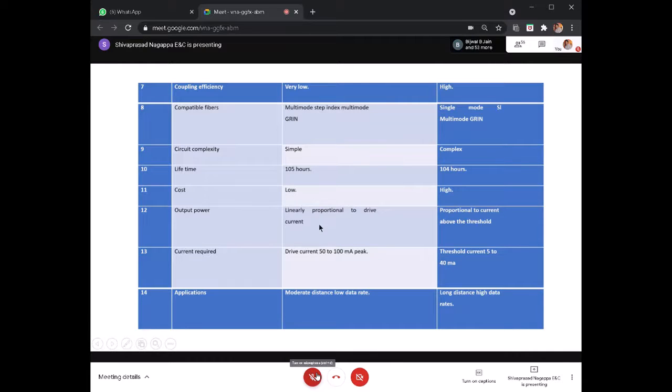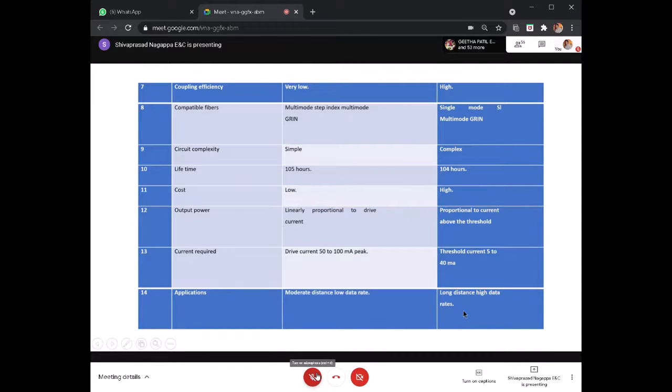The output power of the LED is linearly proportional to the drive current, whereas for the laser it is proportional to the current above the threshold, as I told you in the current-power characteristics. The drive current required is 50 to 100 milliamps, whereas here the threshold is 5 to 40 milliamps. The application of the LED is for lower data rate and moderate distance, whereas the laser is for longer distance and high data rate.